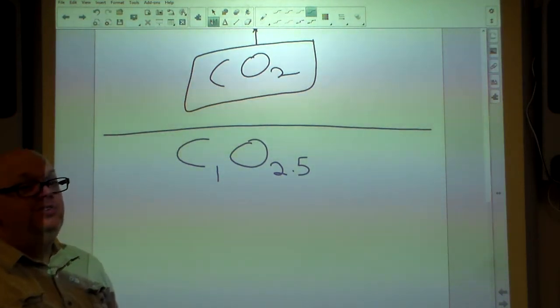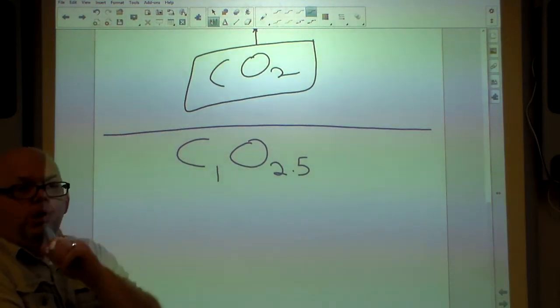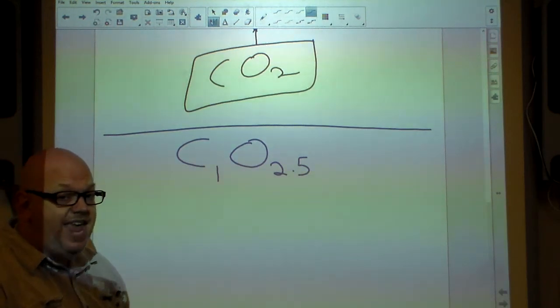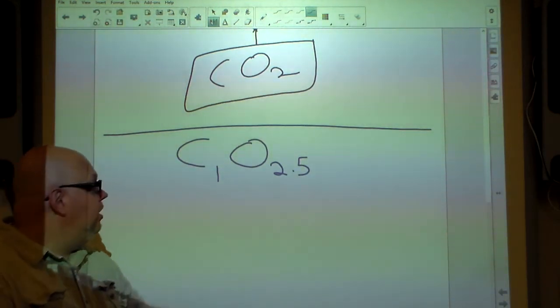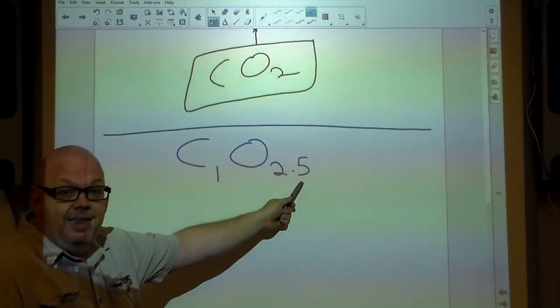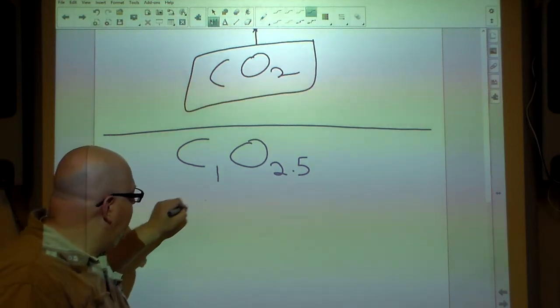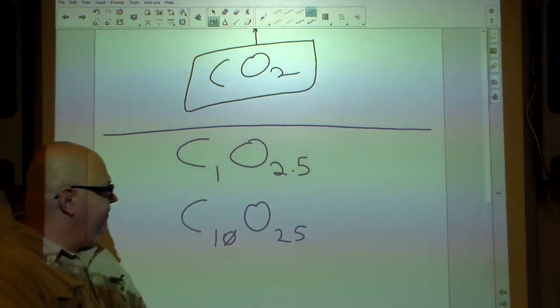So what we need to do is, how do we make 2.5 into a whole number? Now there's a couple of ways you can do this. If you don't know offhand that 2.5 times 2 is 5, then you could go and multiply it by 10, okay, and let's say we did it that route. So we got C10O25.